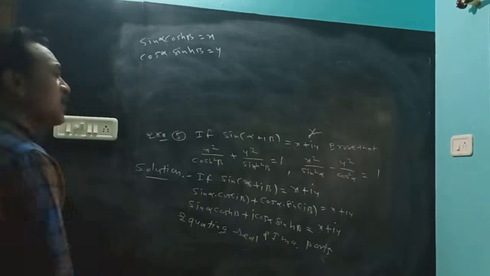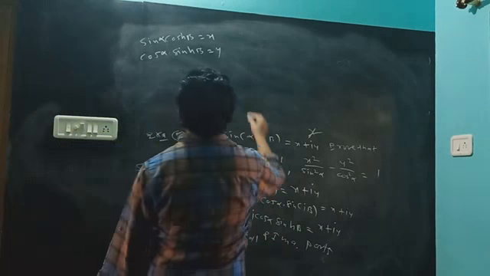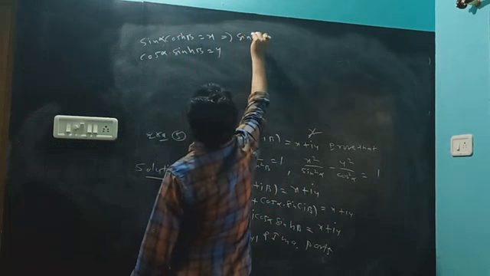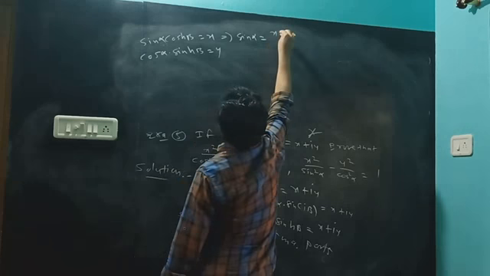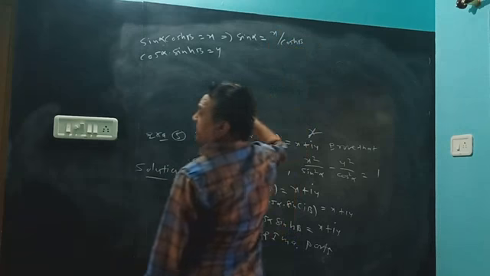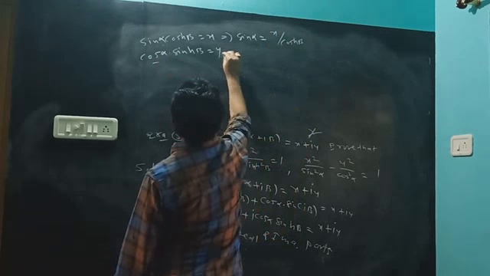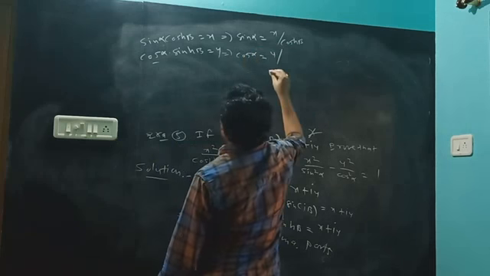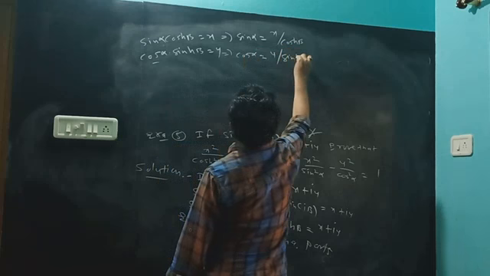So we have the two relations. Now from this we have two values. First, sin alpha will be x upon cosh beta, and from this, cos alpha will be y upon sinh beta.